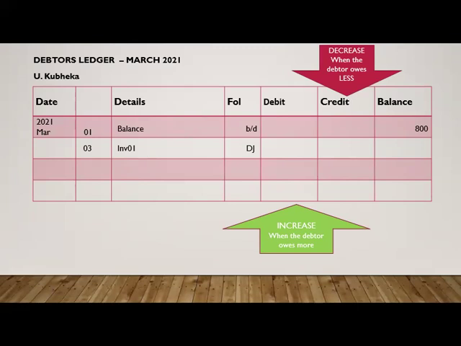So for as long as they keep on buying on credit, their debt will go up. And when it goes up, it goes on the debit side by 550. Why do we write 550 and not 450? They'll always owe us the selling price. They can never owe us the cost price.